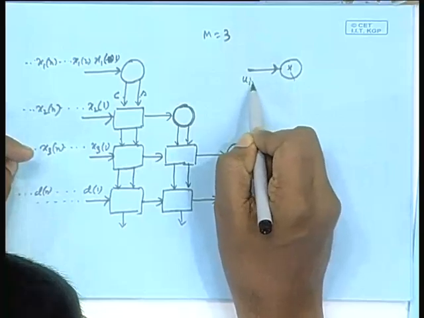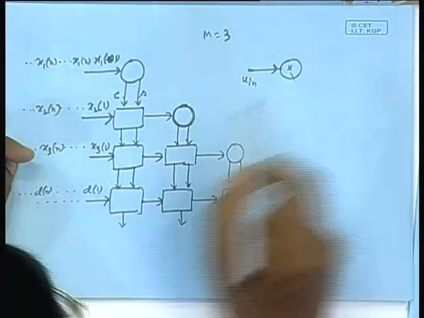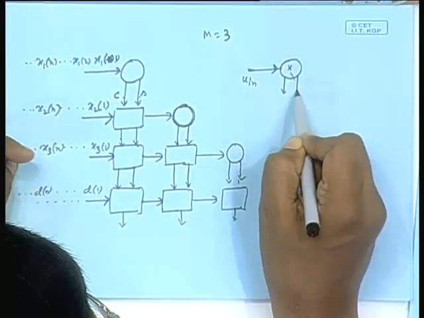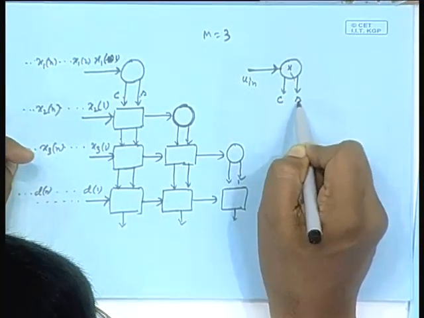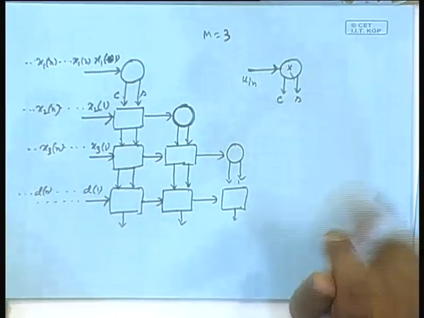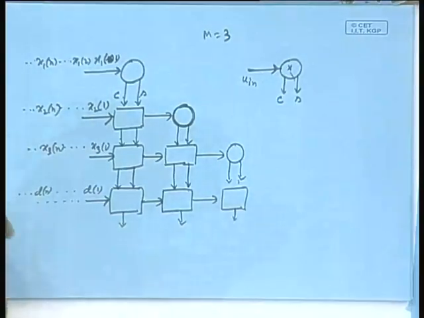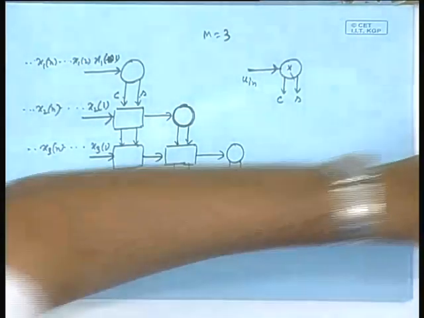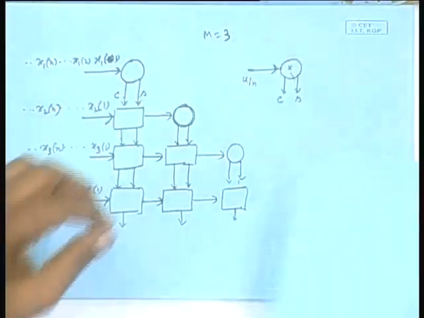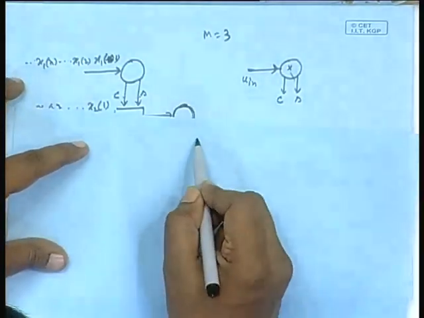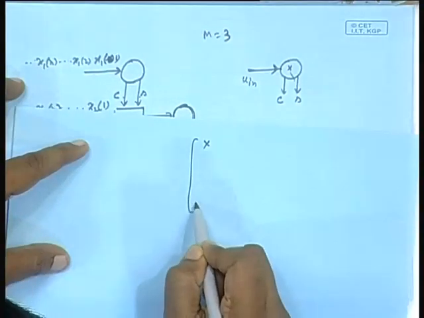Suppose it is taking u in, it will generate two quantities, C and S. How? Let us do some kind of analysis now. It is like this, x and u in.